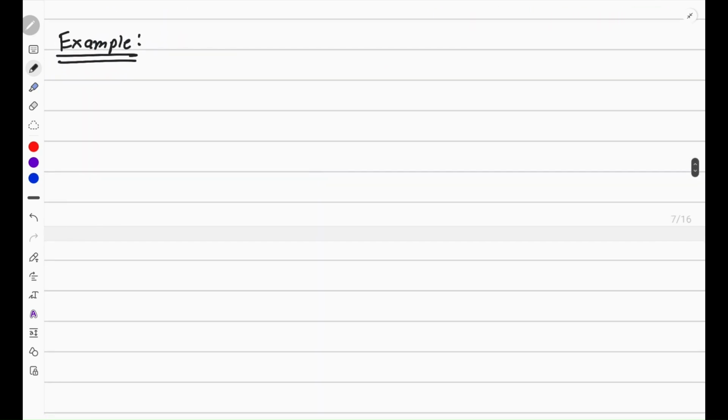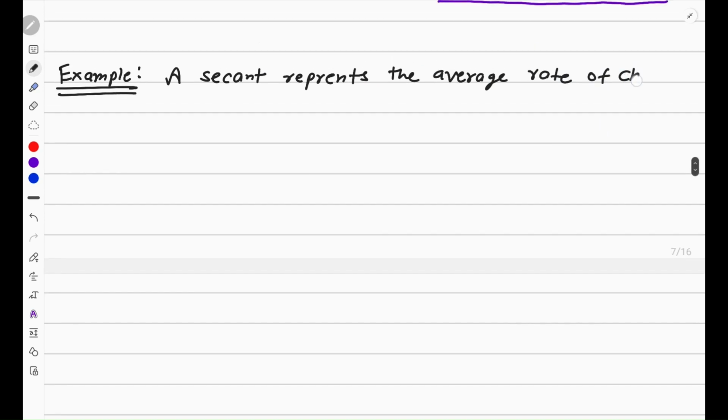Okay, in this example we can say the statement: a secant represents the average rate of change of an interval. This is the fact we know, that a secant represents the average rate of change over an interval.